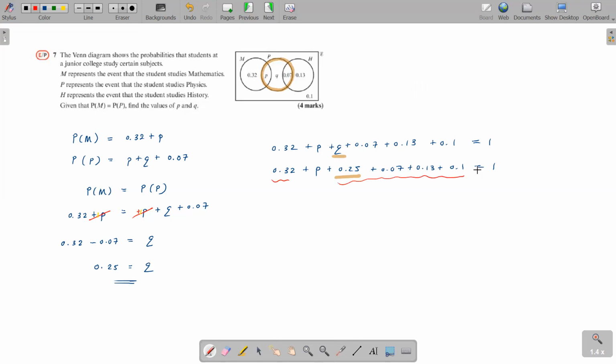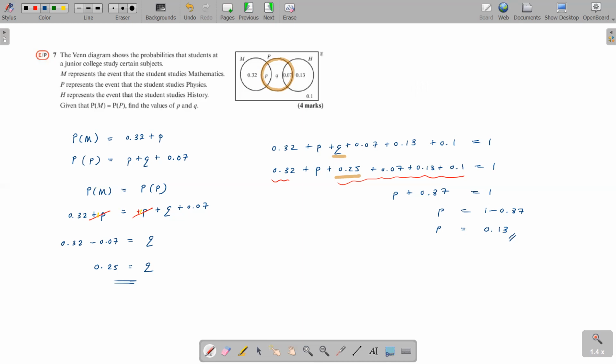When you add all of these, what do you get? 0.32, 0.25, 0.07, 0.13, 0.1, it's 0.87. It's equal to 1. So p equals 1 minus 0.87. So p equals 0.13, right? p should be equal to 0.13.